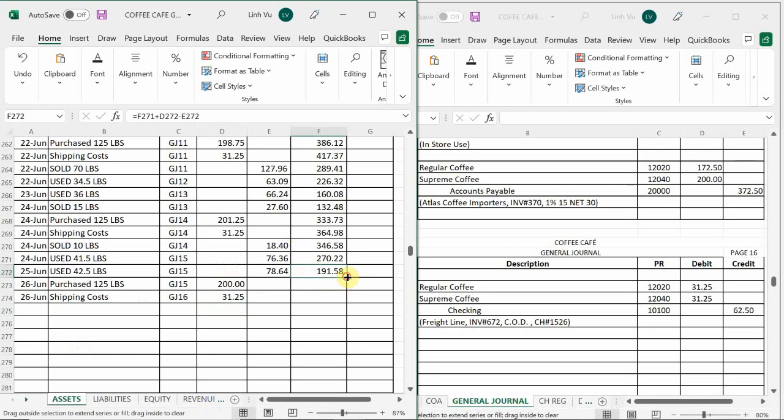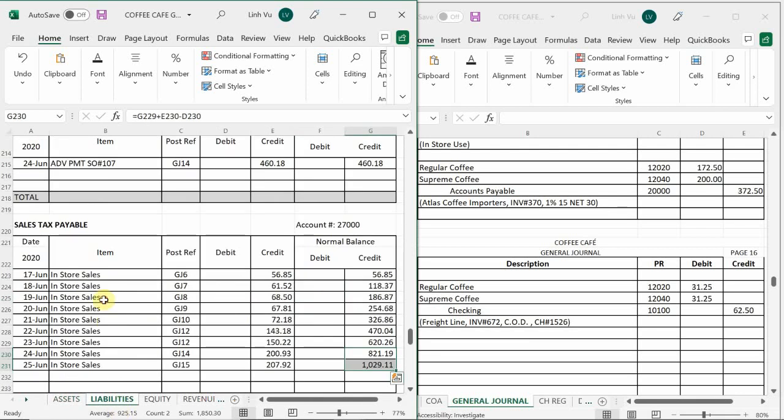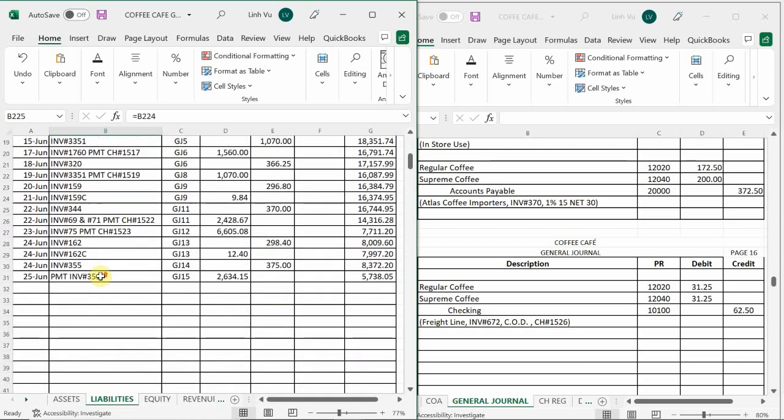That should give you an account balance of $422.83. Because of me receiving my coffee, I now owe more money. Right now my checking account is very sensitive, because I just got into the positive, so I need to continue building up my checking account before I can pay for all this inventory.